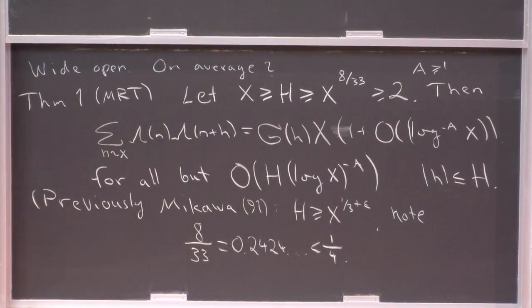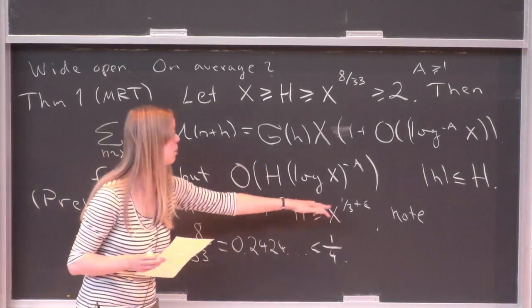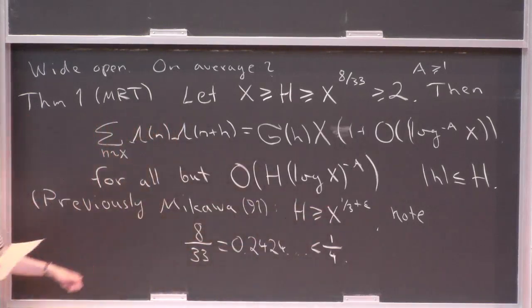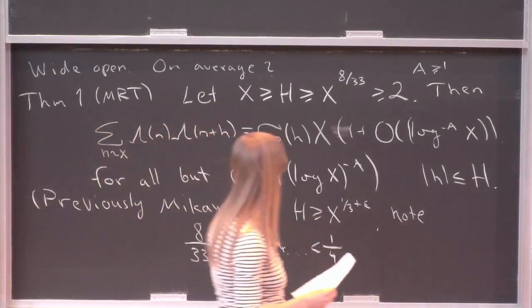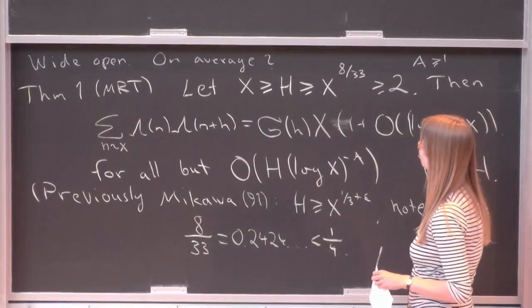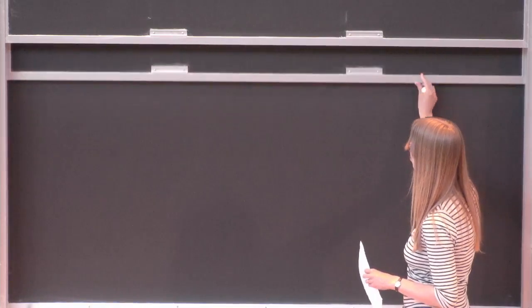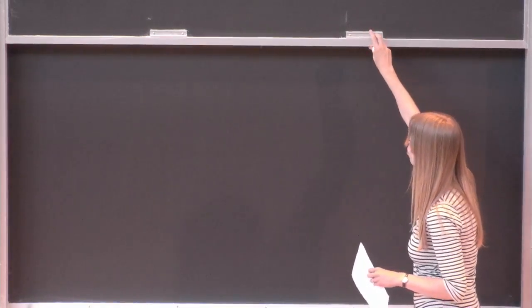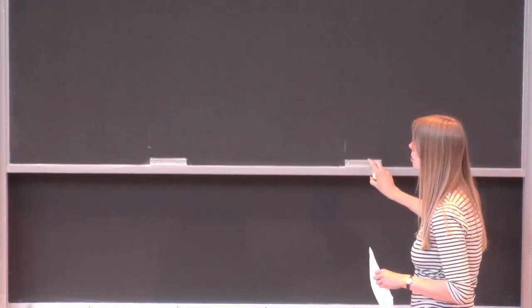So we have to make up something new in order to get beyond this barrier. Unfortunately, it doesn't help for the problem of primes in almost all short intervals; we don't get a respective improvement there. So this explains the first part of the results I was promising: what we get for the correlations of the von Mangoldt function.